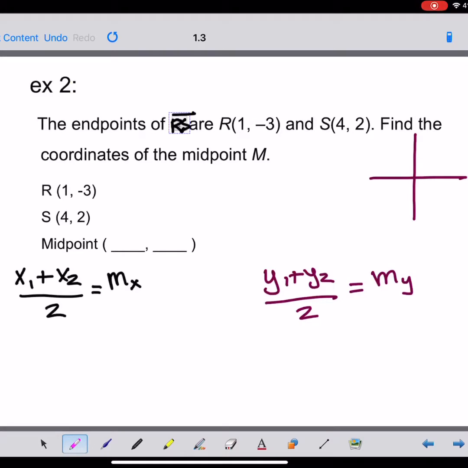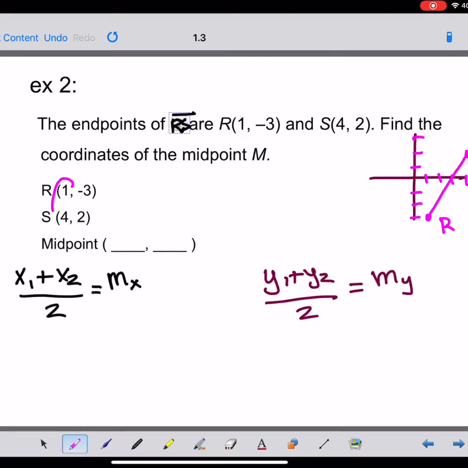So we have 2 endpoints, and I'm just going to draw a quick sketch. So we have endpoints of 1, -3, and 4, 2. And we want to find the exact location of the point in the middle. So our midpoint formula is kind of like finding the average.